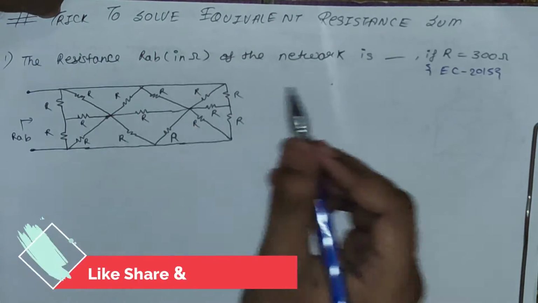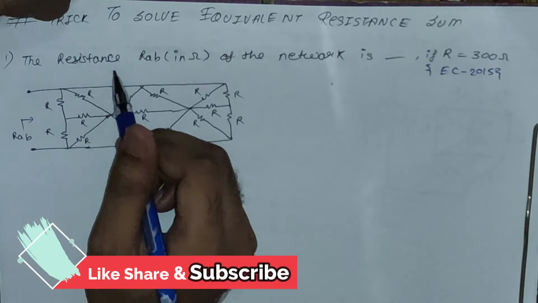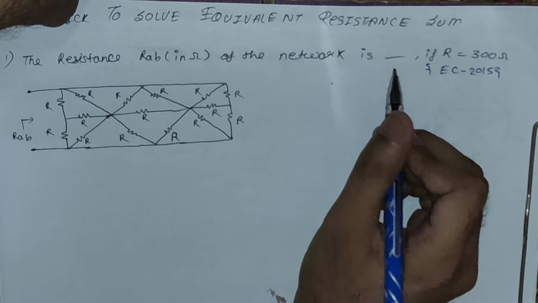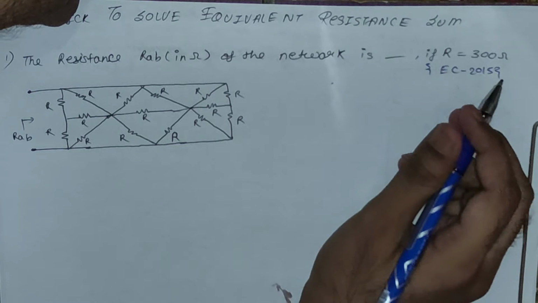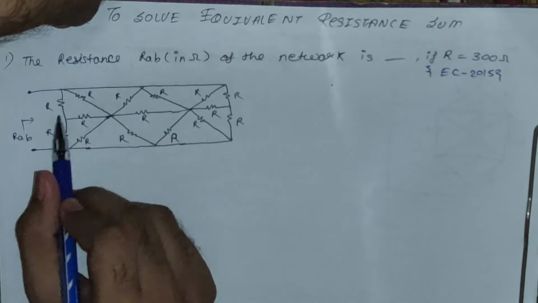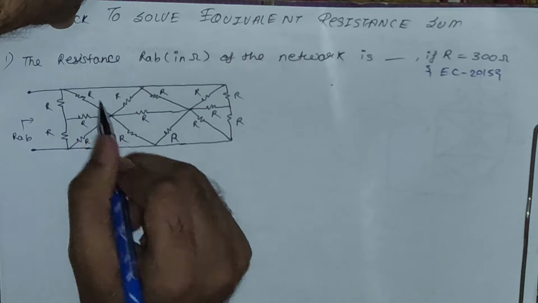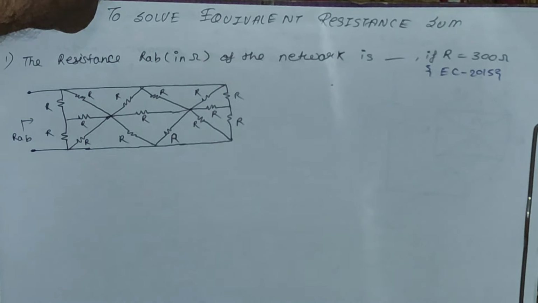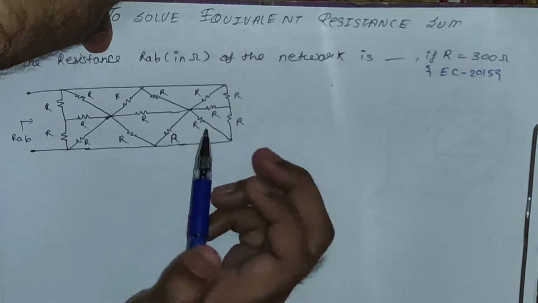So the first sum is from EC 2015. The resistance RAB of the network is, if R equals 300 ohm. The circuit given is this, and we have to find the equivalent resistance of this circuit. So first take a look how I solve this sum, and then I will show you the trick.